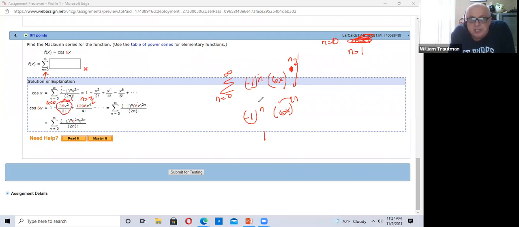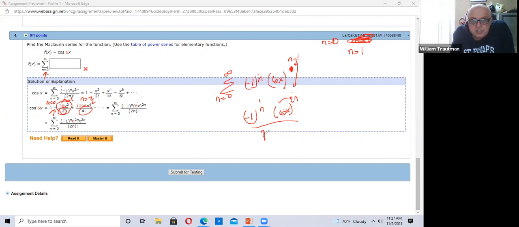If you put an n=1 in here, you get the 2 squaring the 6 and the x, and then don't forget, it's always going to be the next factorial also. So since this is n=1, and this is n=2, we're doing the same thing down here.